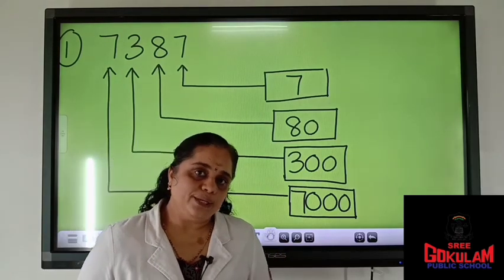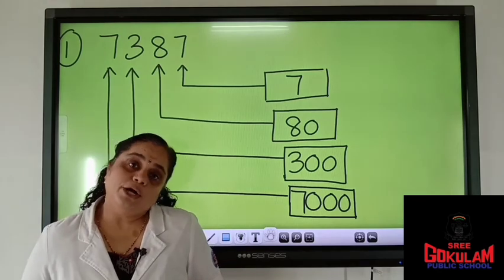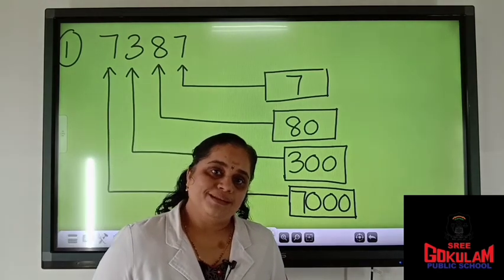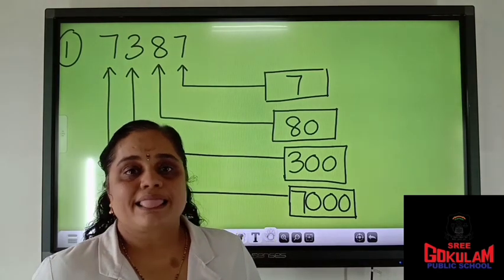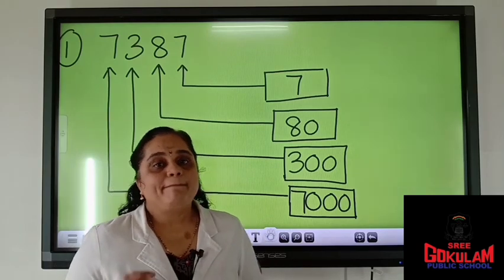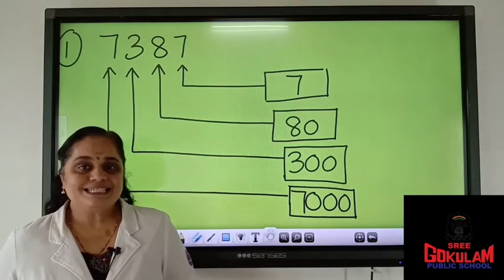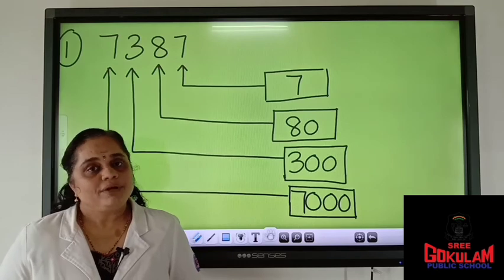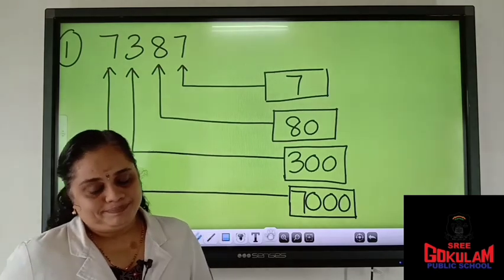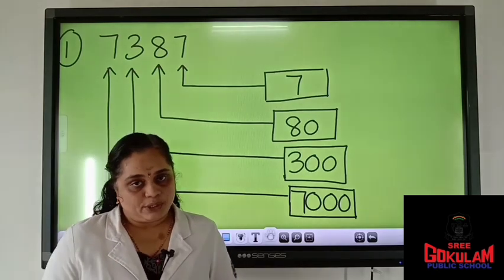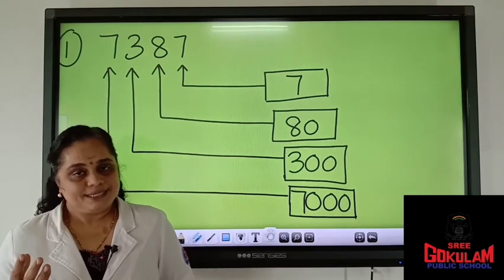What is the place value? Or what do you mean by place value? Place value means the value of a particular number, isn't it? That place value depends on the position of that place, isn't it?